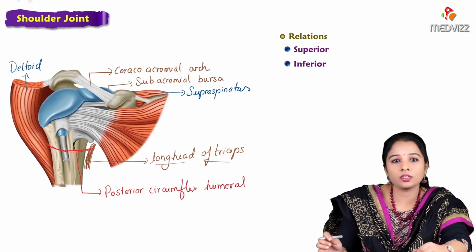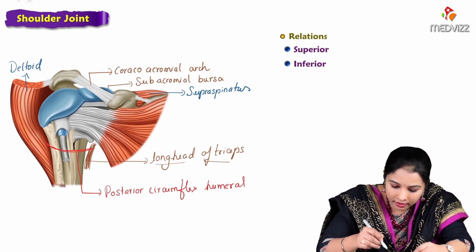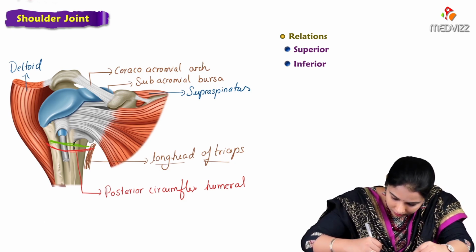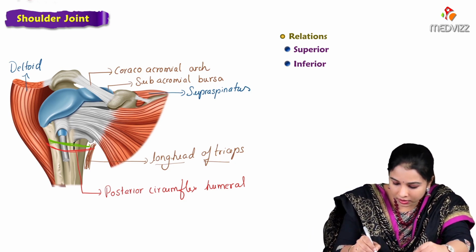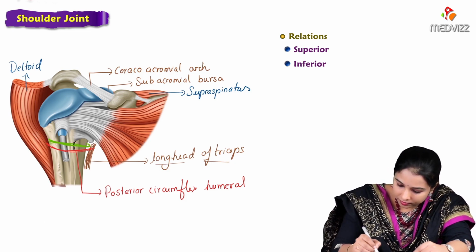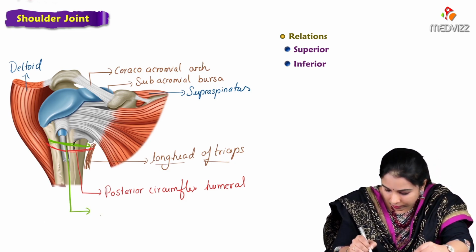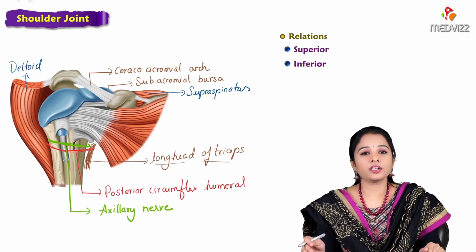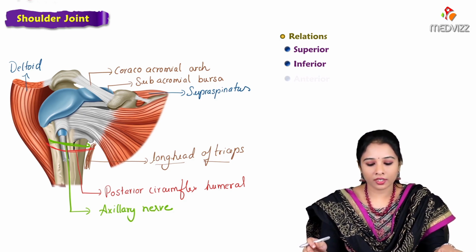And it is related to the axillary nerve. I am drawing the nerve in green color, which winds round the surgical neck of the humerus. This is the axillary nerve. So these are the inferior relations of the shoulder joint.